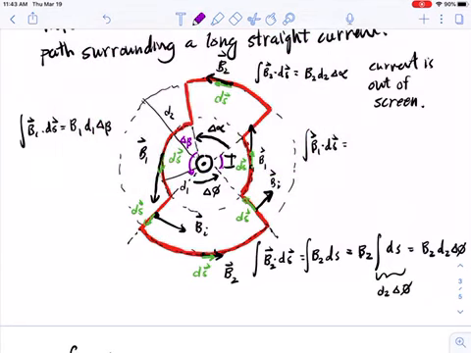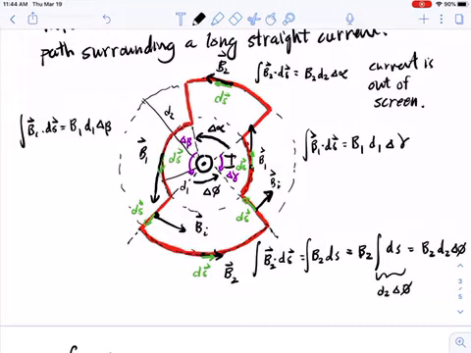We used alpha, beta, maybe we can use gamma. So that's delta gamma. B1 is constant on that little arc, and the integral of ds is going to be that arc length, which is the radius d1 times the angular displacement delta alpha.